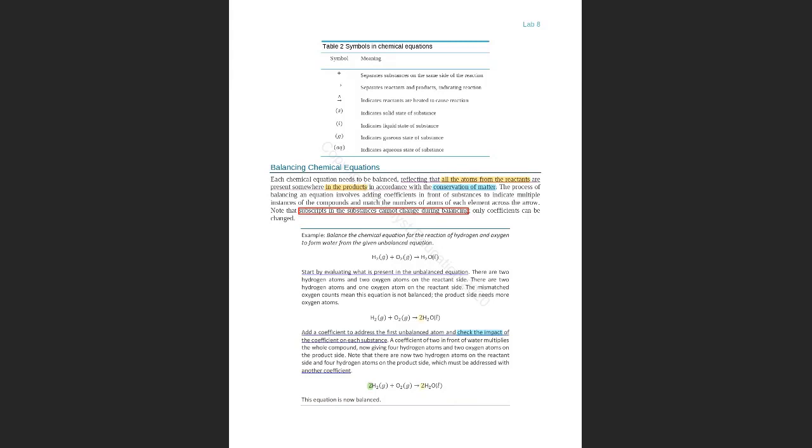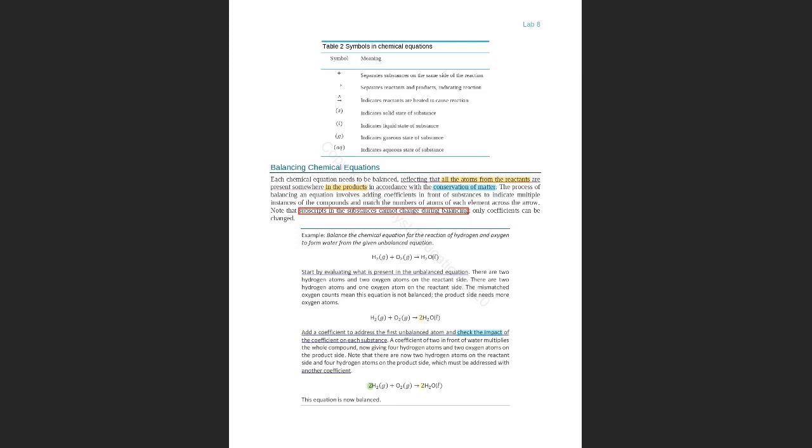Remember always this: never use subscripts. Always use big coefficients to balance a chemical equation. If you change a subscript, you are changing the formula of the compound.